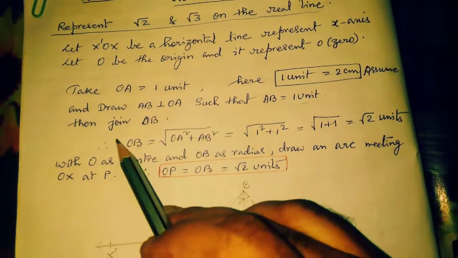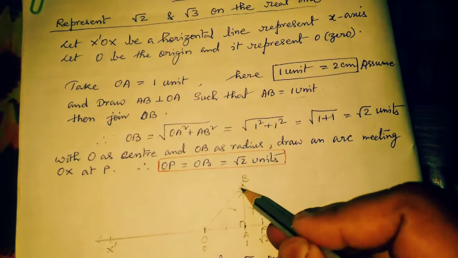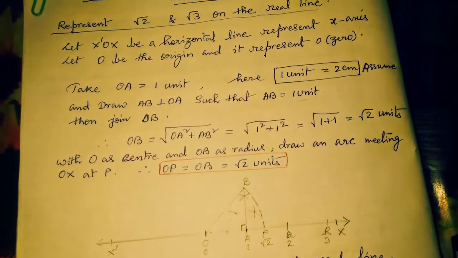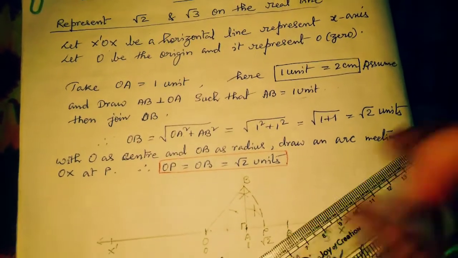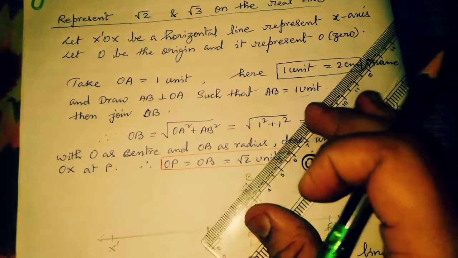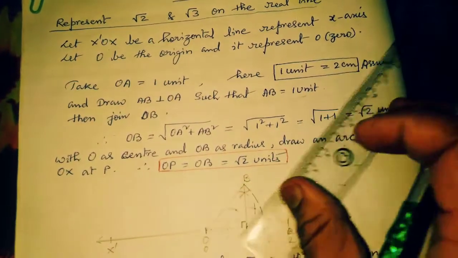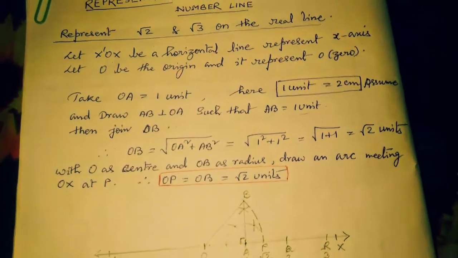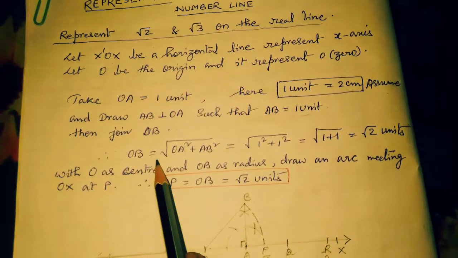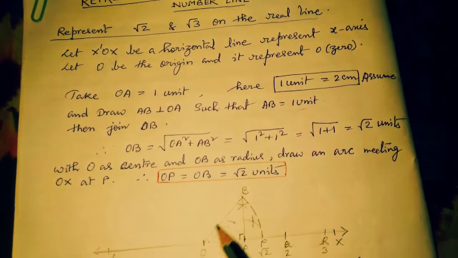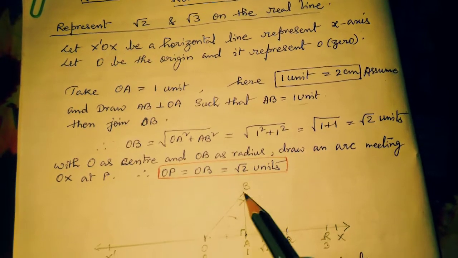And then join OB. With the help of a scale, we join this side OB here. After that we'll see what OB is. If you see here, OAB is a right angle triangle, so you can apply the Pythagoras theorem.